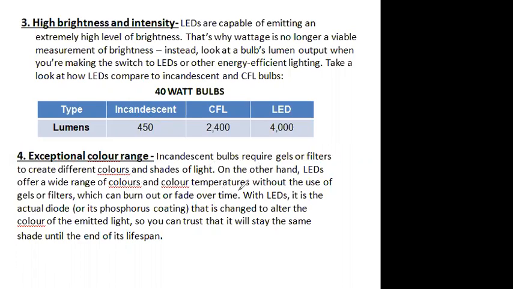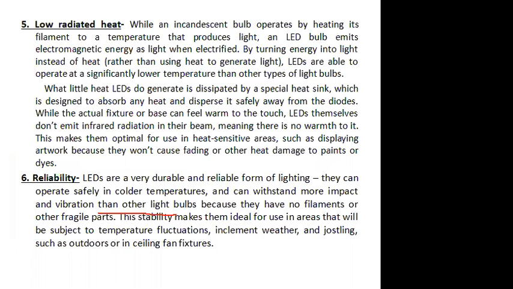With LEDs, it is the actual diode or its phosphor coating that is changed to alter the color of the emitted light. So you can trust that it will stay the same shade until the end of its lifespan. Okay. So there is no change of the light from the very first day to the end of the lifespan of the light.